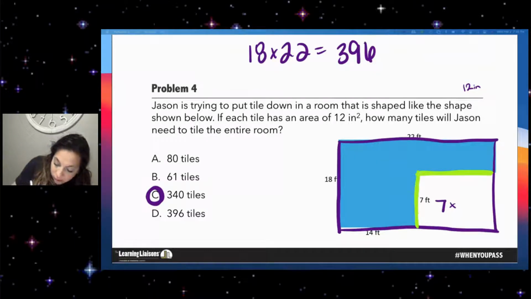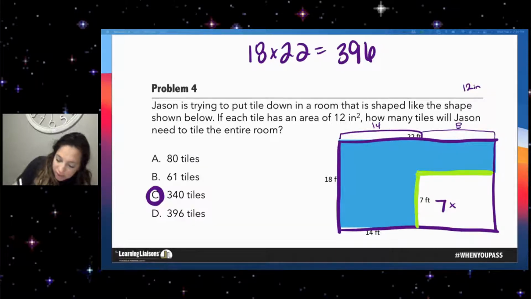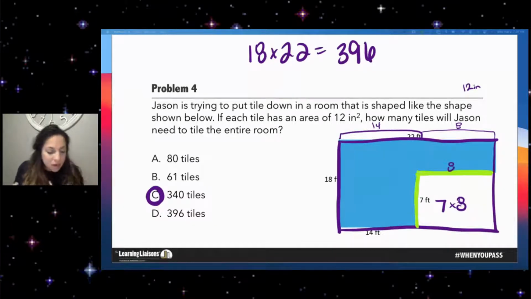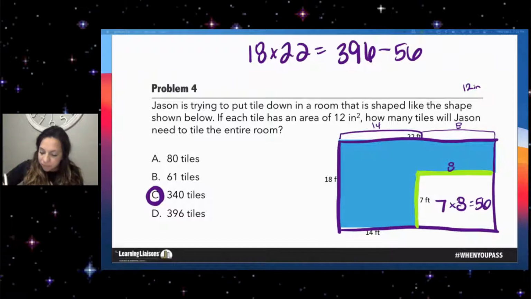Well, if this is 14, we already figured out in the other problem that this right here is 8. So 7 times 8, because this is going to be 8 as well, equals 56. So I would subtract 56 from that and then get the 340. Excellent question. Thank you for asking.